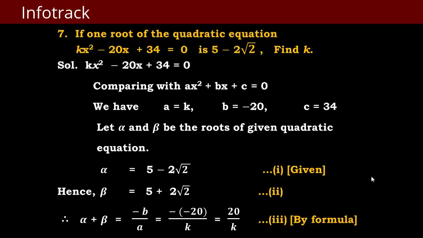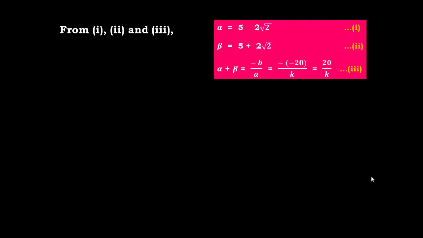From 1, 2 and 3, see, we have alpha in equation number 1, beta in equation number 2 and alpha plus beta in equation number 3. So we can write alpha plus beta, that is 5 minus 2 root 2 plus 5 plus 2 root 2 is equals to 20 upon k.